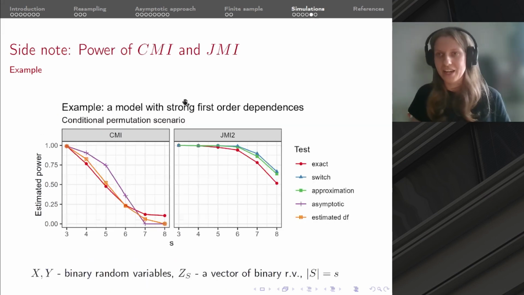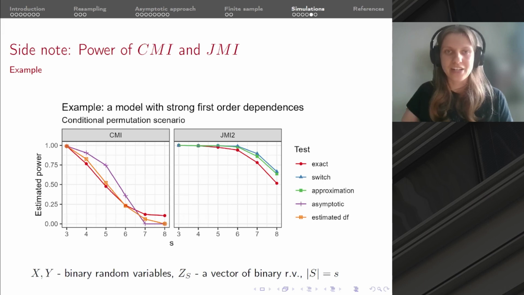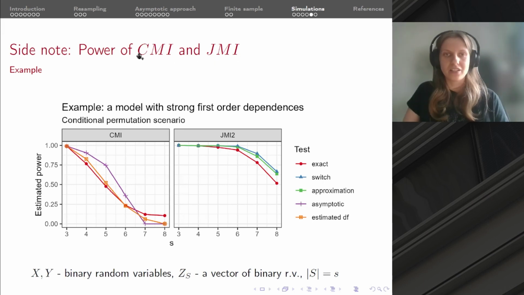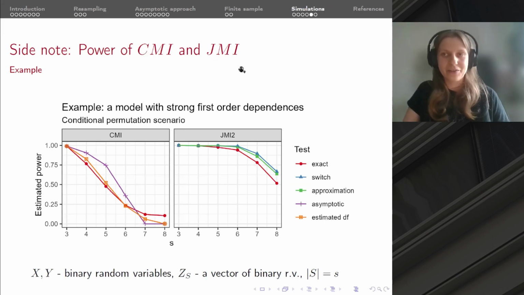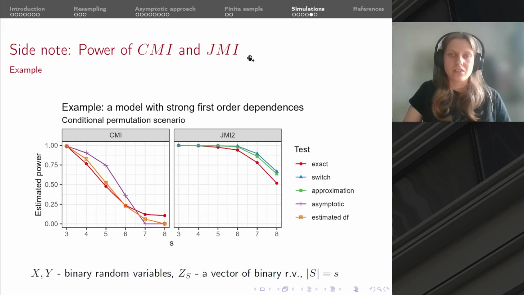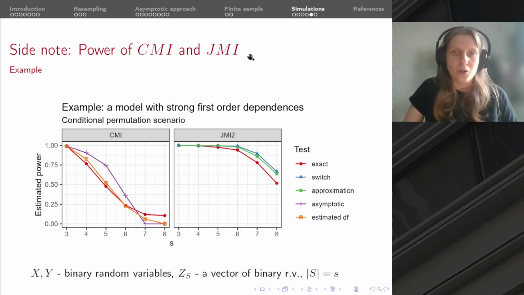And one more side note on the criteria. We have here CMI, so that conditional mutual information, but we also have here GMI, which is a criterion of feature selection.